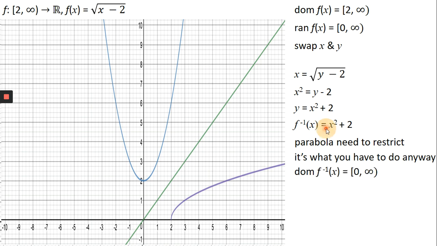Now, because the domain of the inverse function goes from 0 to infinity, the range, that should be a 2 there, shouldn't it? So the domain, that should be a 2. I'll change that later.